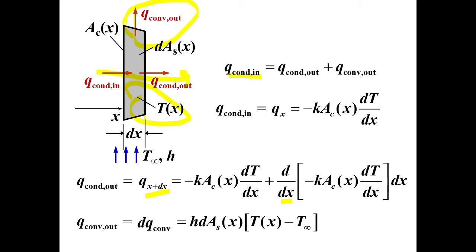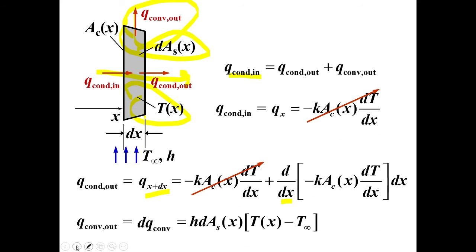Here h, and this is the surface area dA. It is a small part of the fin, so we have taken a dA surface area, and Tx is the temperature of the system, and T infinite is the temperature of the environment.